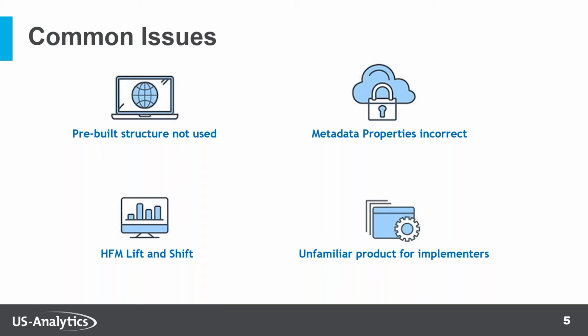Some of the rules were just carried over verbatim. Of course, rewritten for Essbase scripting language, but in essence, it was brought over verbatim, and that didn't essentially work for FCCS. A lot of the metadata properties were set up incorrectly because, again, this is a different technology.